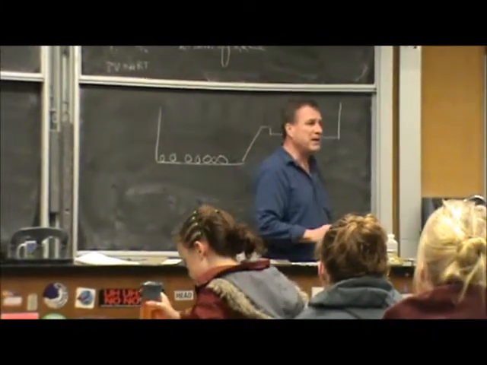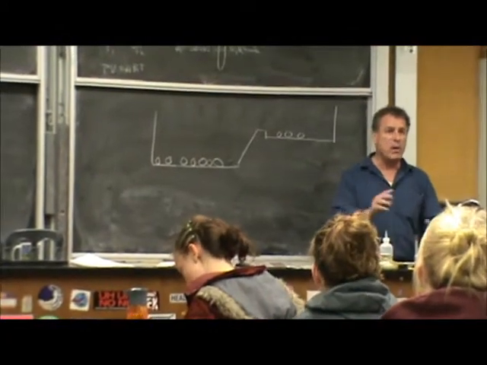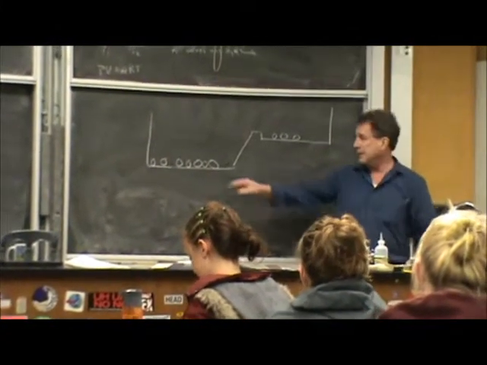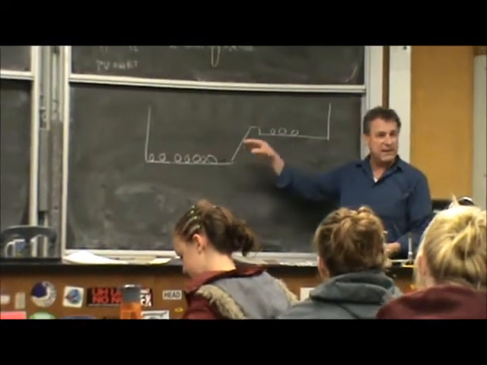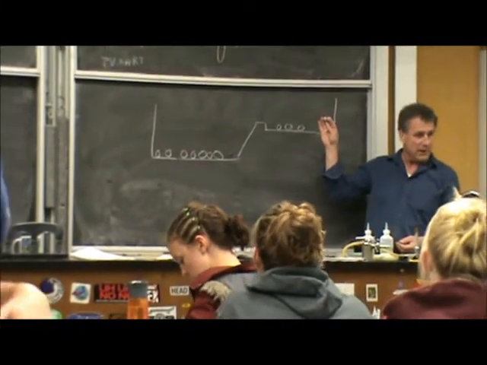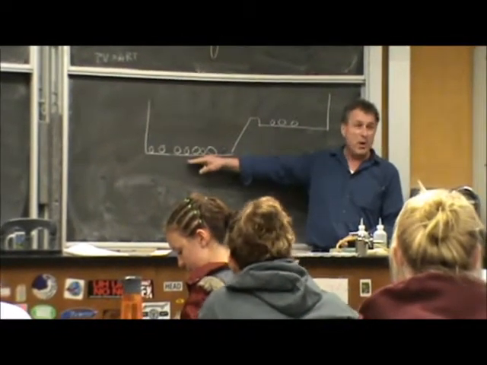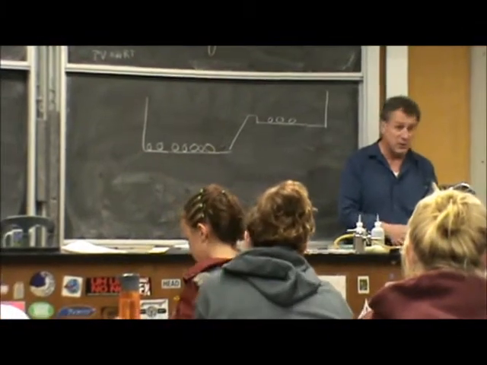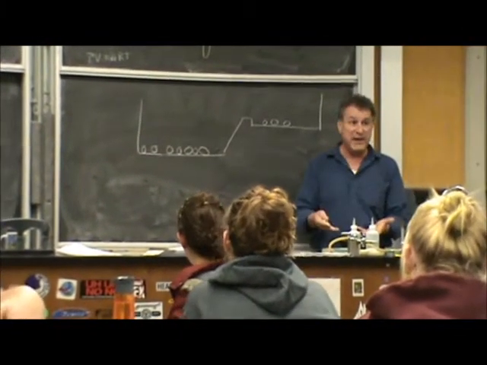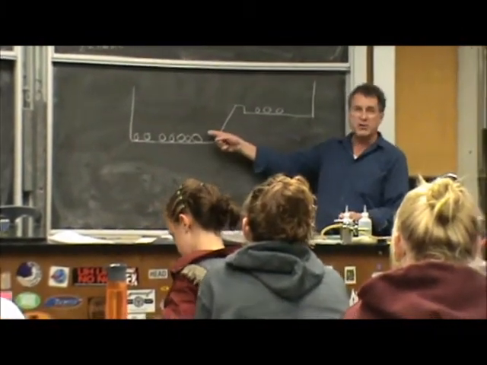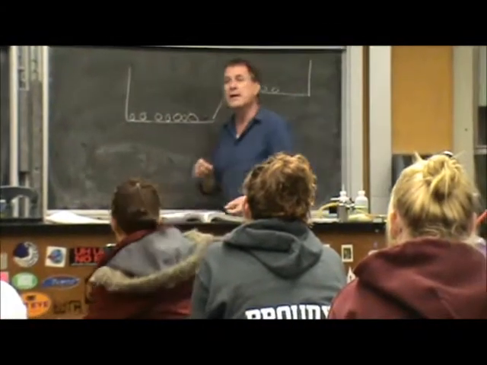Now, where would you expect to find most of the balls at any one particular time? Down here, huh? But that doesn't say that there's no balls up here, right? Just because this is where the balls have the lowest potential energy. That's what nature likes, huh? It doesn't mean that all the balls are going to end up down there, necessarily.